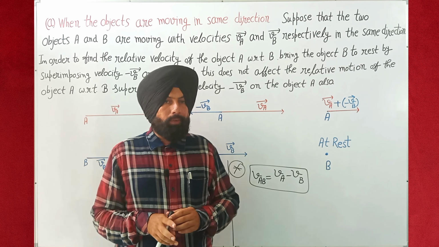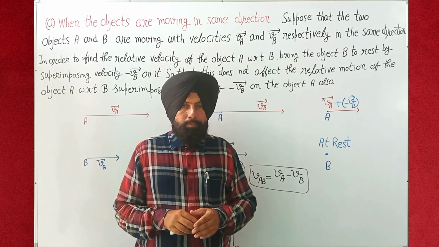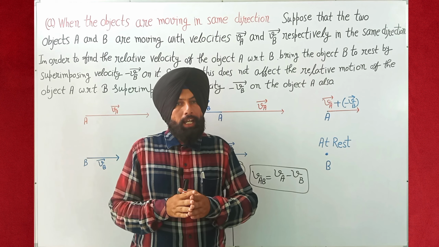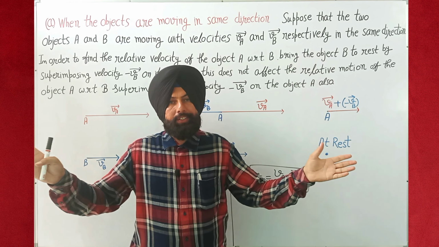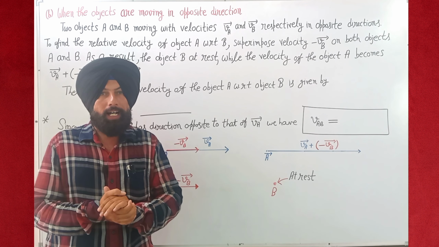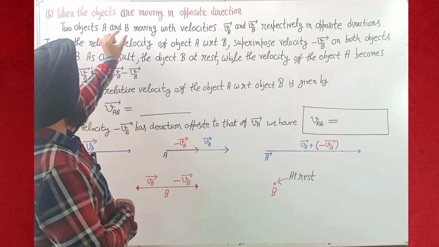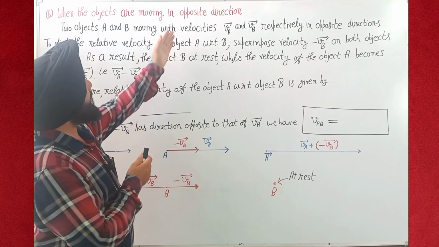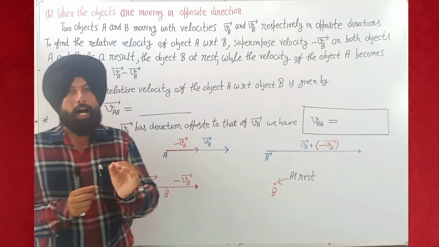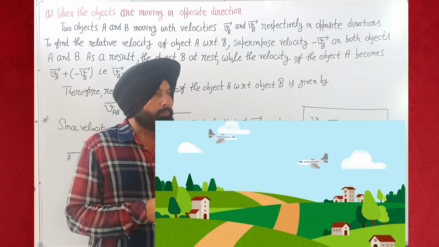Now students, we will discuss the second case, when both the objects are moving in opposite directions. We are doing the second sub case when the objects are moving in opposite direction.